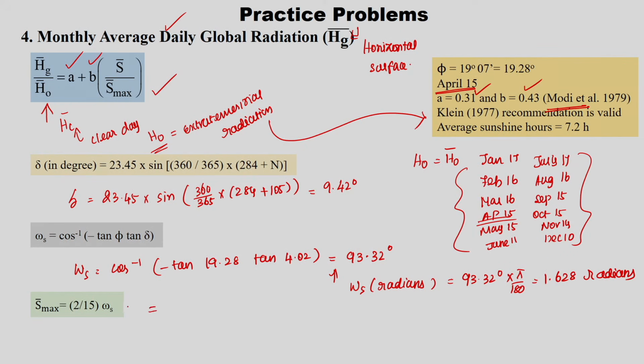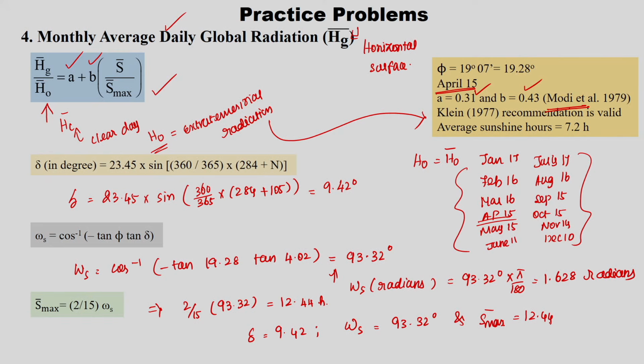Then S max bar, which is nothing but 2 upon 15 into 93.32, comes around 12.44 hours. So we now have delta, which is 9.42, omega s, which is 93.32 degrees, and S max bar, which is 12.44 hours.